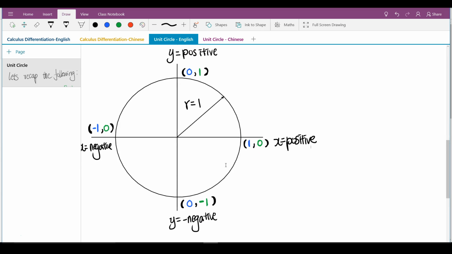All right. So let's just use this particular angle here. At this particular point here, we will have an x value and a y value.